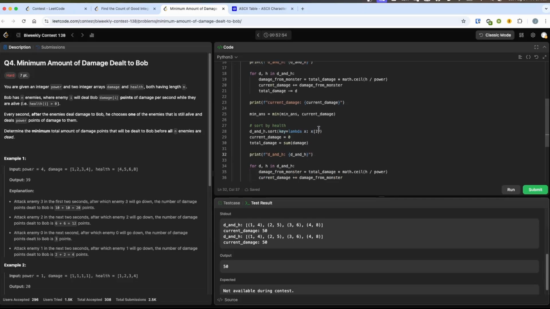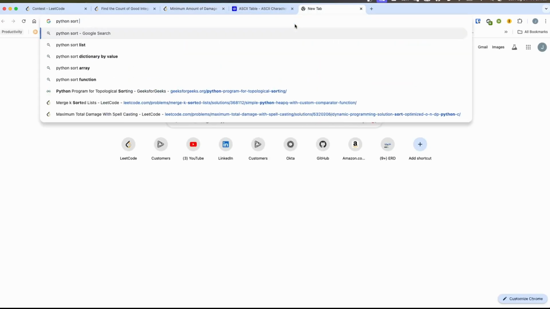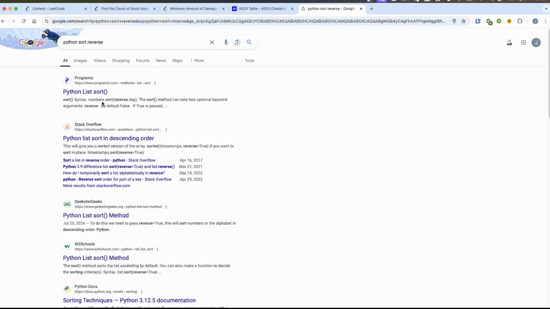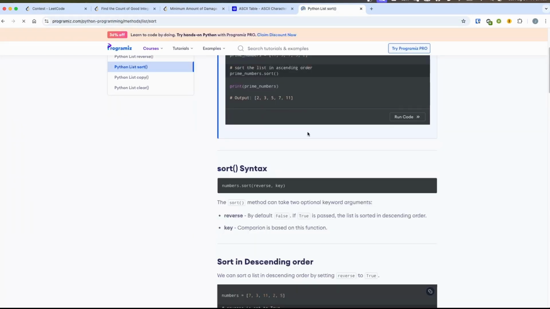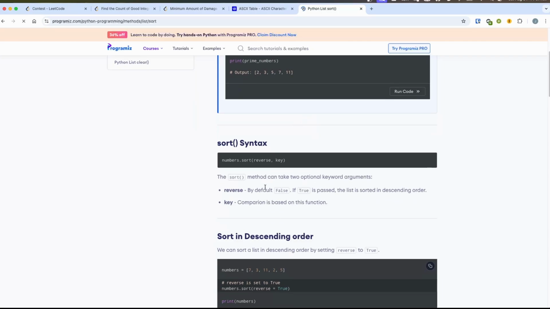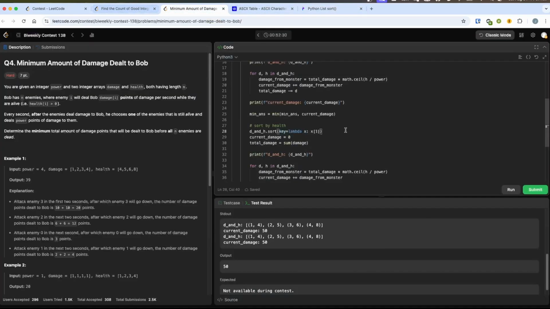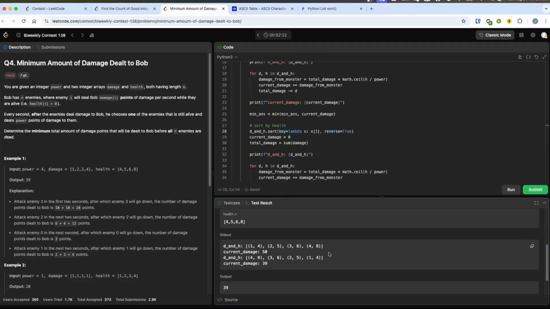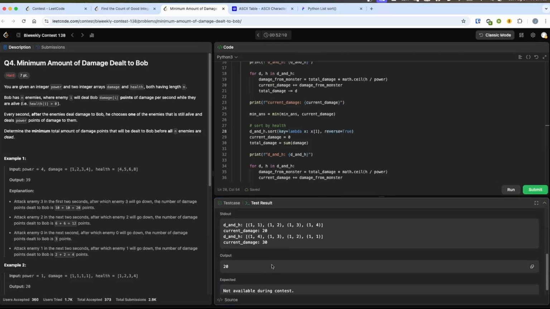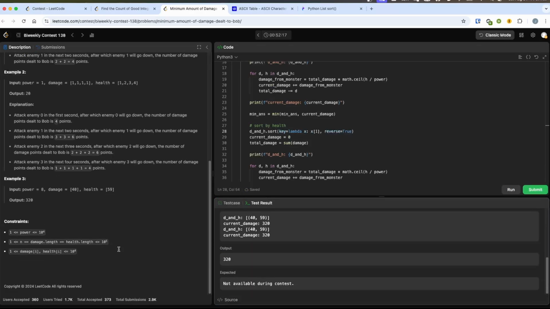So you either want to do the minimum health or, hold on. You just do reverse. Hold on. So here we got 39, here we got 20, and here we got 320.